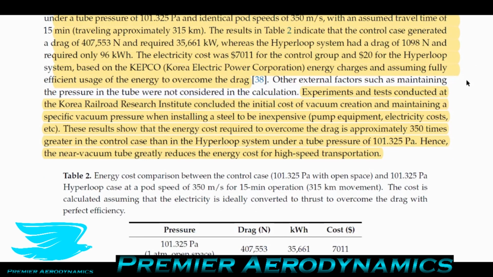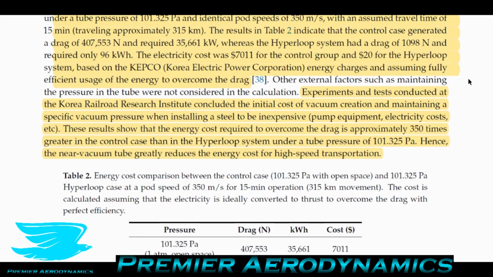So if you were to look at the electricity costs for the control group, it'd be $7,000 for that entire trip. For the Hyperloop, it's only $20. So that's pretty sweet. And this is assuming fully efficient usage of the energy to overcome the drag.